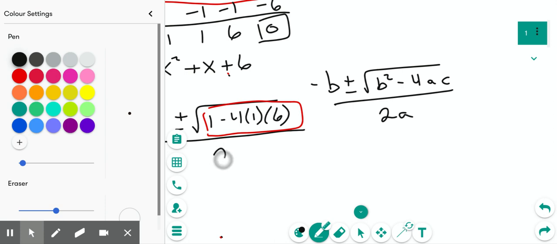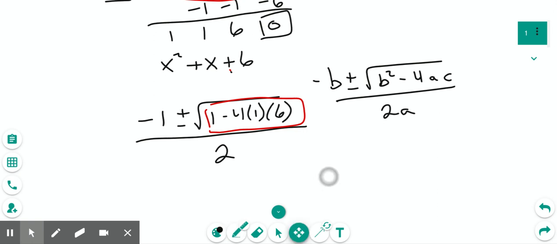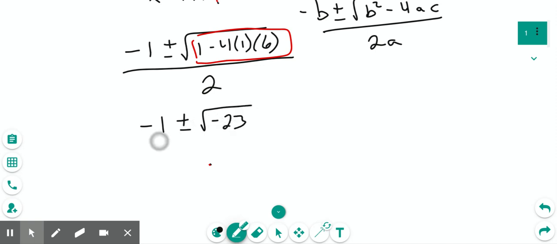So this 2a is 2. So now if I do the math out here, which is why we're here, is to do the math, we get negative 1 plus or minus the square root of negative 23 all over 2.